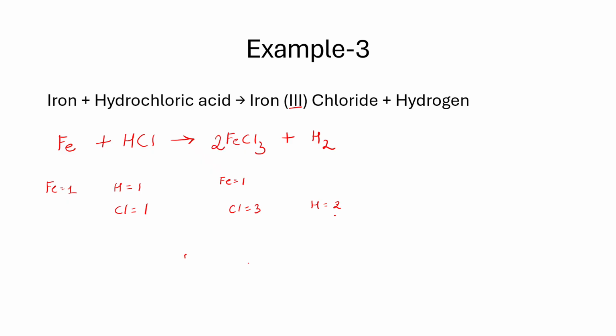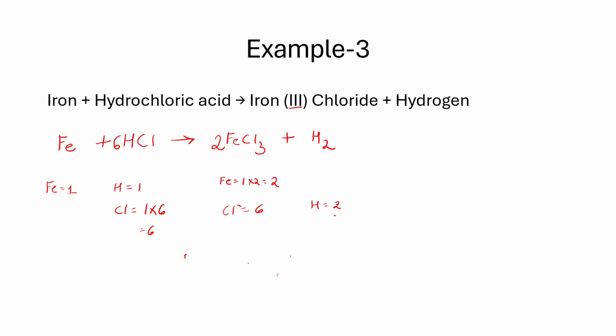Alright, so we have 2 irons now because this is multiplied with the number of iron atoms as well. And now the number of chlorine atoms has changed to a 6, right? Now, since we have 6 chlorine atoms on the product side and only 1 on the reactant side, what we do is we multiply this with a coefficient of 6 so as to get 6 chlorine atoms.